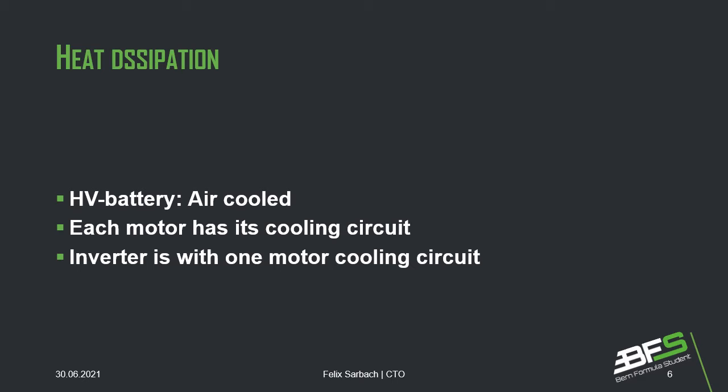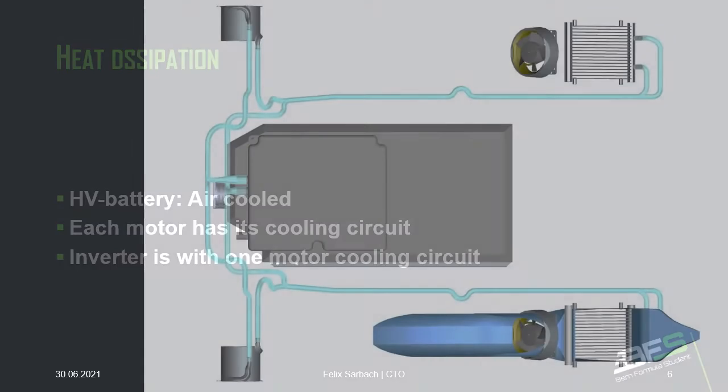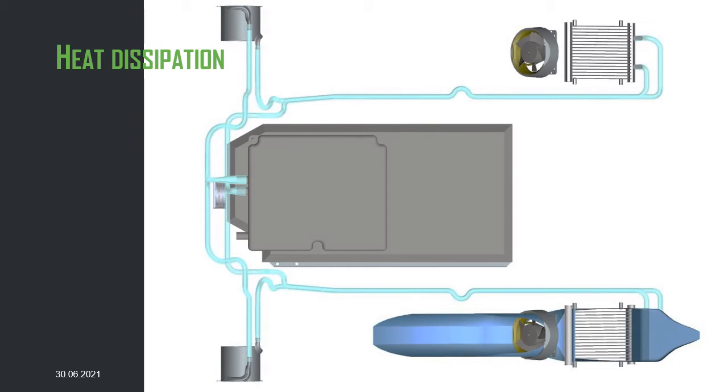Furthermore, each motor has its own cooling circuit, and the inverter is connected with one cooling circuit of a motor. And this is how it looks in the car. What is not shown here are the water pumps, since they do not generate heat significantly or aid the cooling.